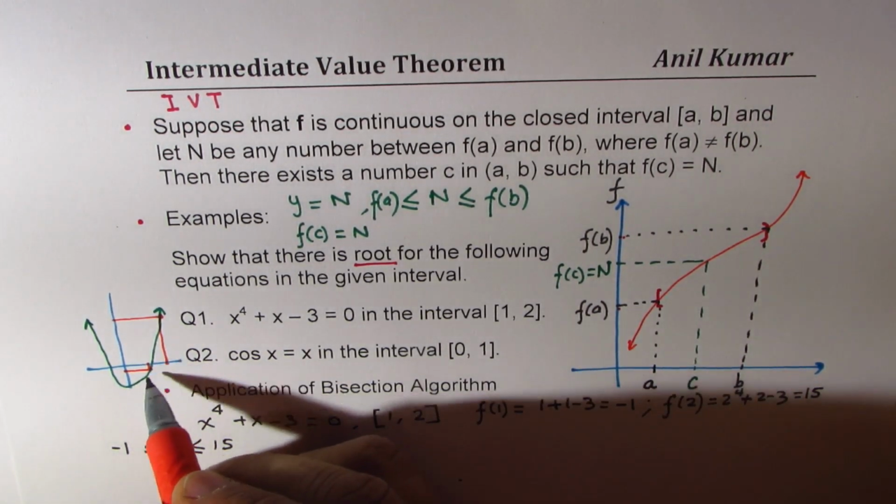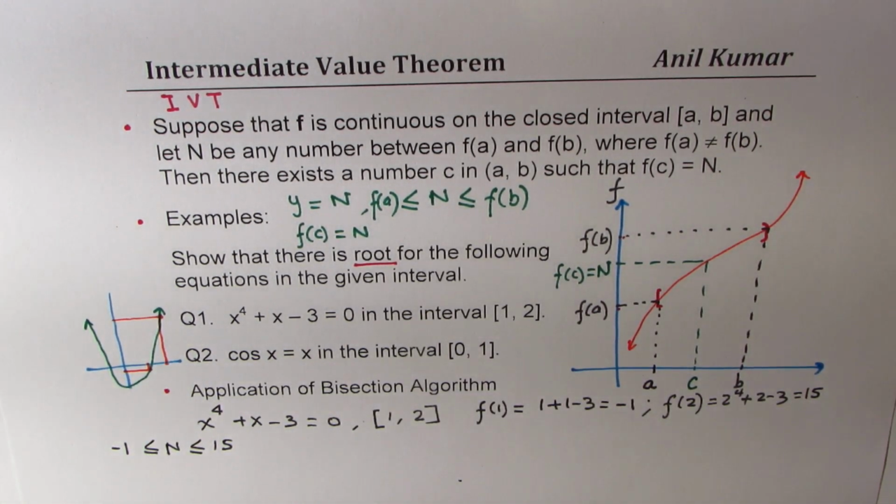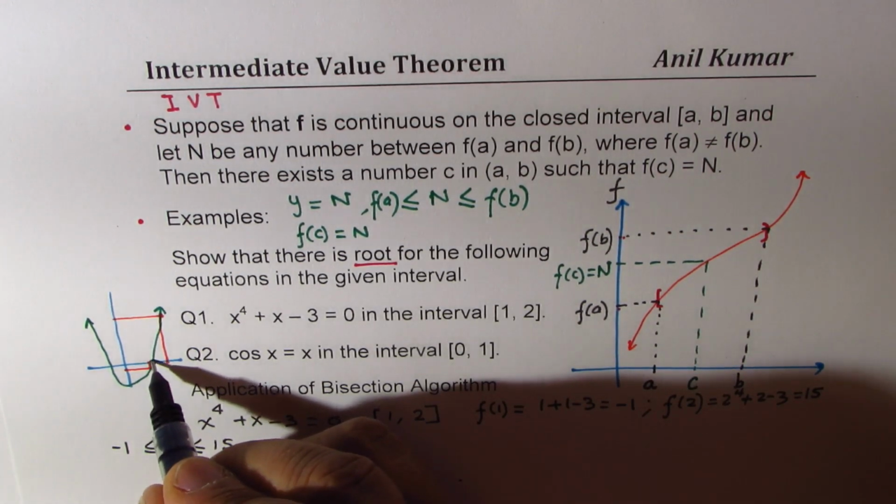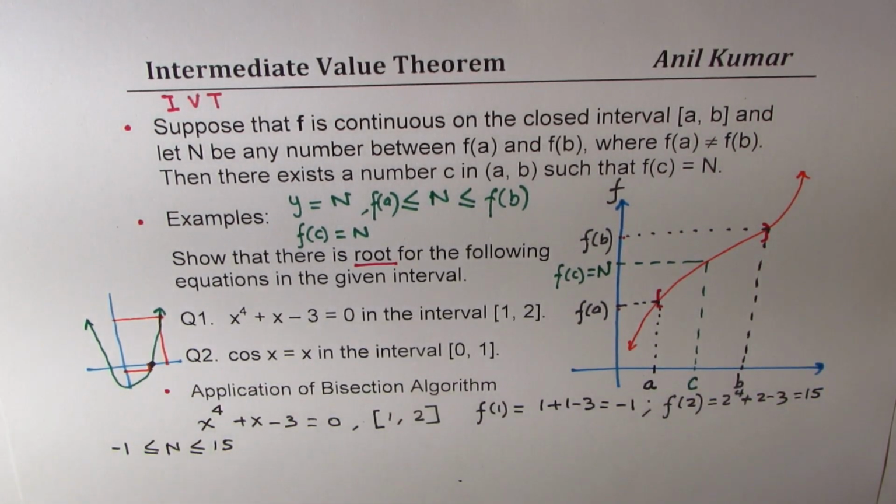Now definitely between these two, the graph of the function has to cross the x-axis and that becomes the root, right?